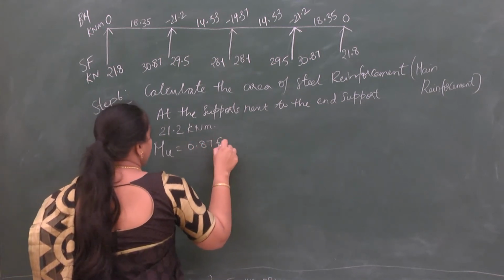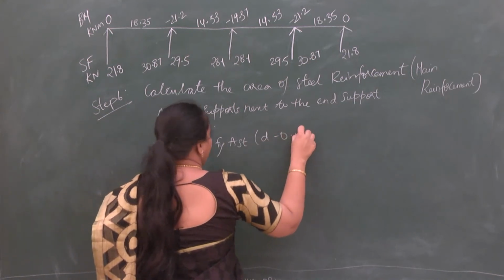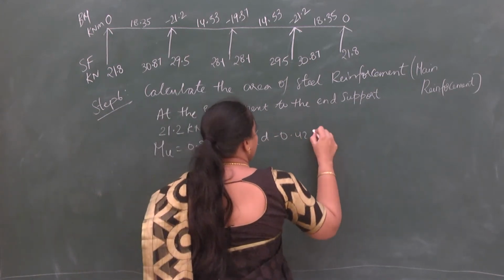MU is equal to 0.87 Fy into AST into D minus 0.42 into XU.